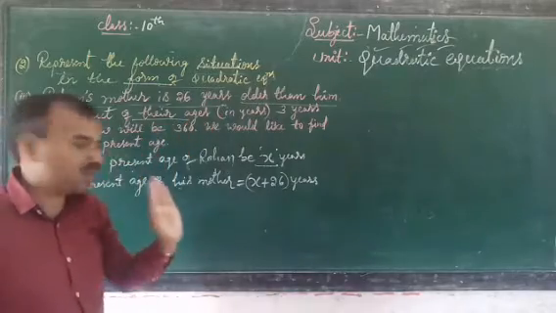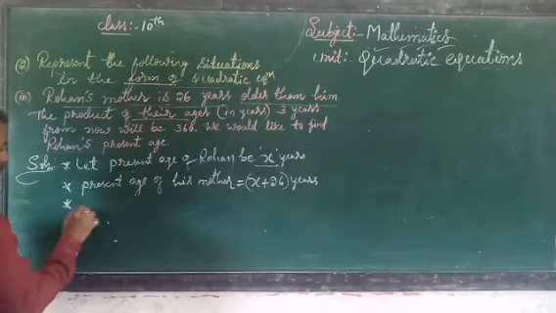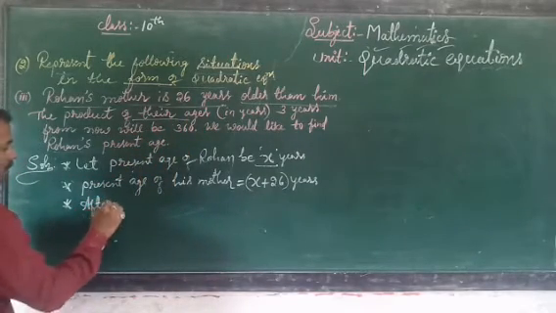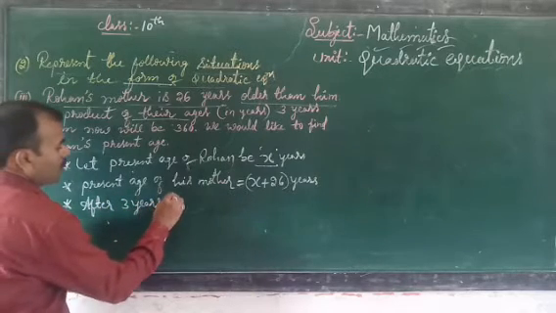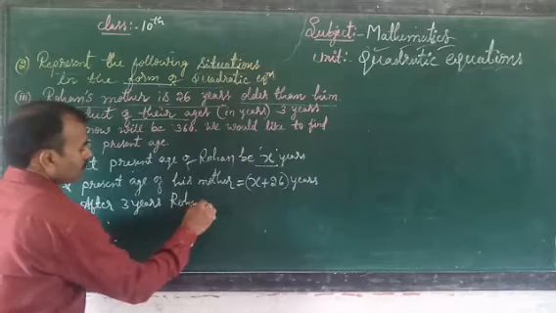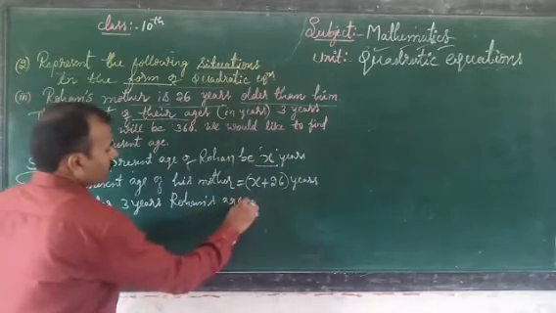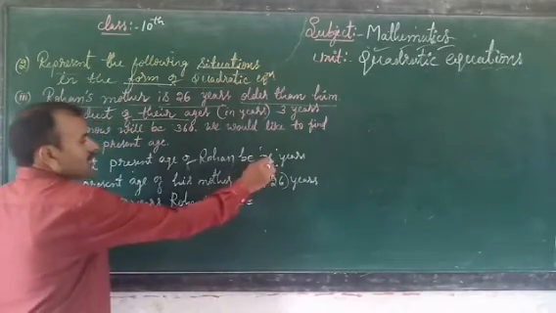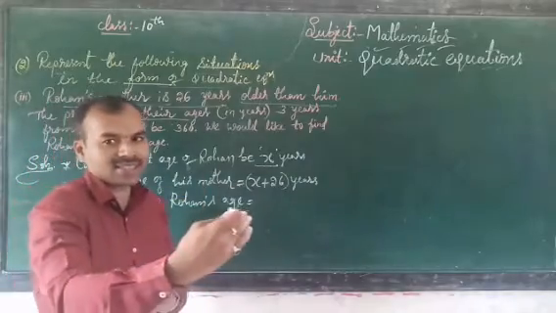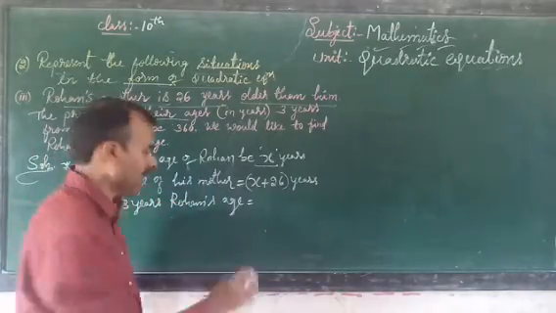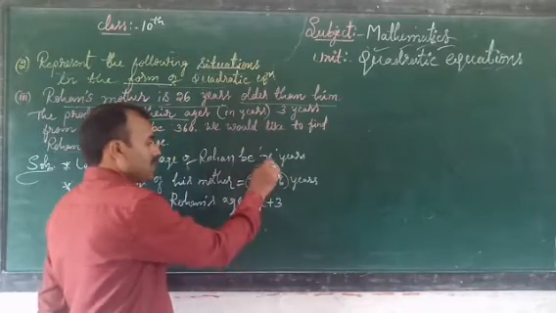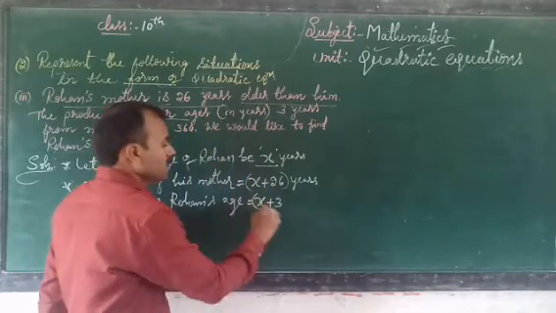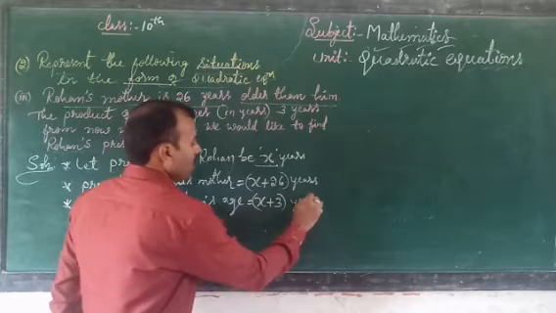It is given. So after 3 years, Rohan's age, because the present age is x, will be x plus 3. We have to add 3 to his present age: x plus 3 years.